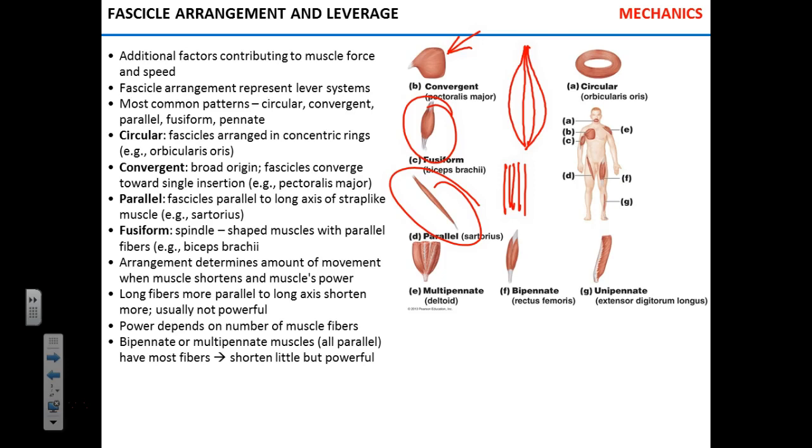Here's the parallel arrangement. Say this is the origin, this is insertion. They originate over a large part of the bone and insert in a large part of the bone. Let me put it this way.